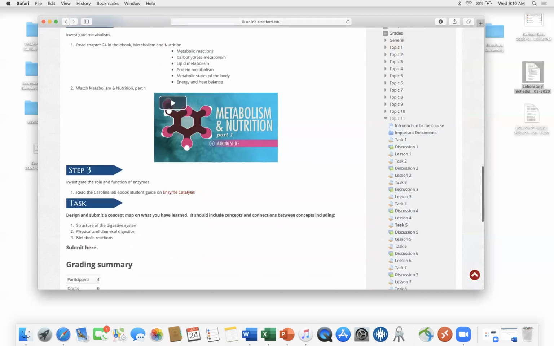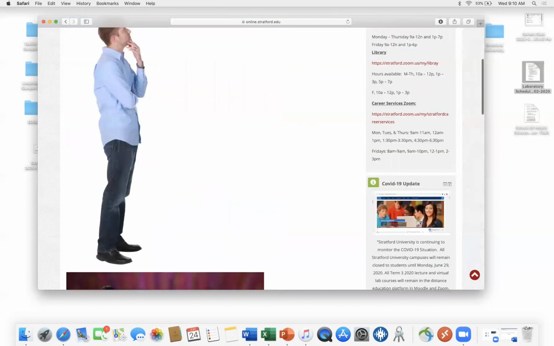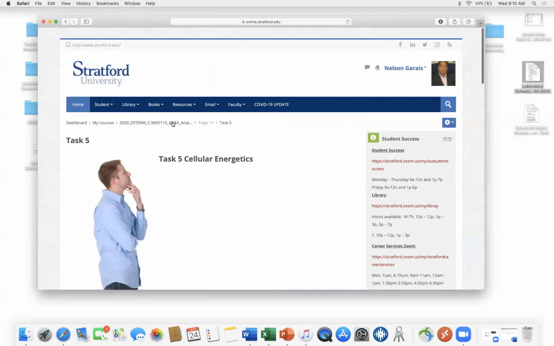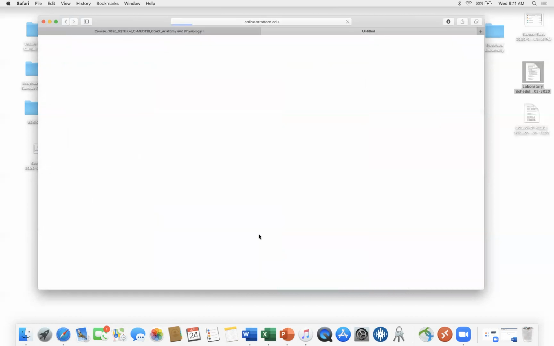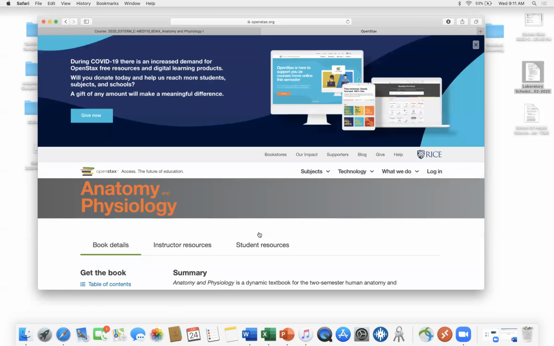So right off the bat, let's talk about the structure of the digestive system. So who are our players in the digestive system? And let's look at our textbook. It's openstax.org, and openstax.org is neat because they not only have anatomy and physiology textbooks, they have other things.